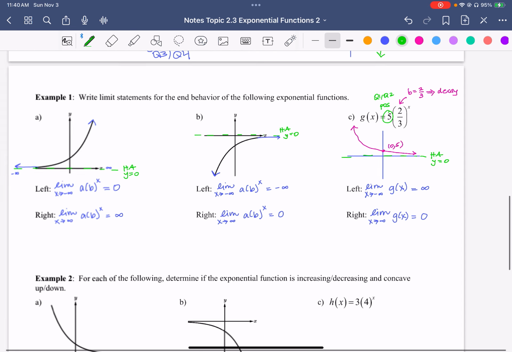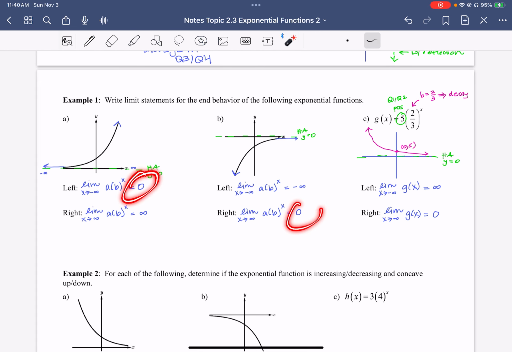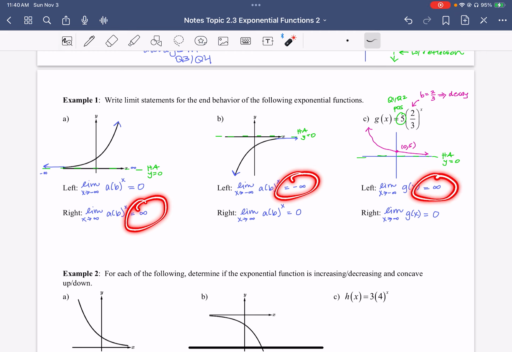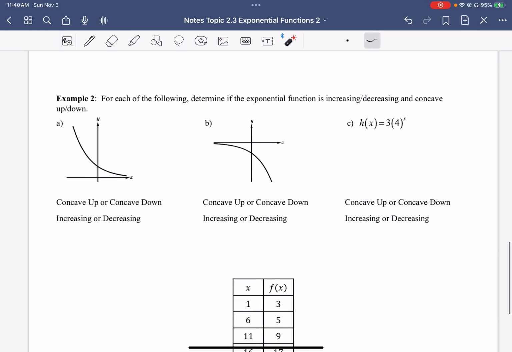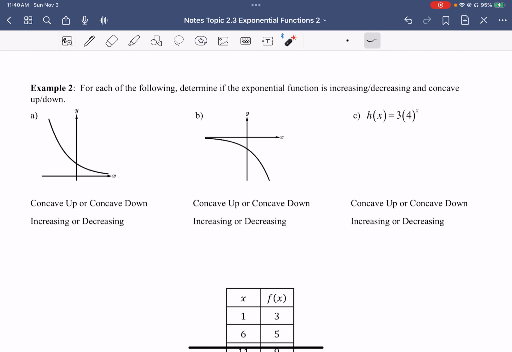Okay, so notice that for all of them, there's always going to be one side that's going to go towards the horizontal asymptote of 0, and then the other side will either go up or down to positive or negative infinity.